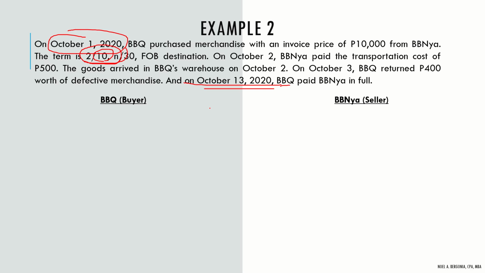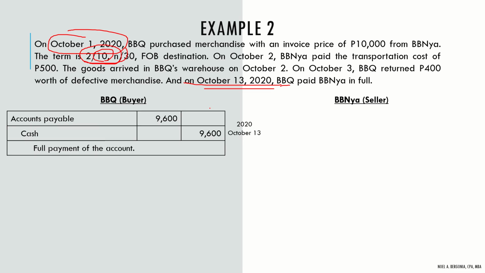So in this case, no, on October 13, walang discount na magaganap and the typical payment entry would be debit accounts payable 9,600 kasi yun na lang po yung natitirang utang. That's actually coming from 10,000, 'di ba? Minus 400 na return. Okay? And credit cash, 9,600.